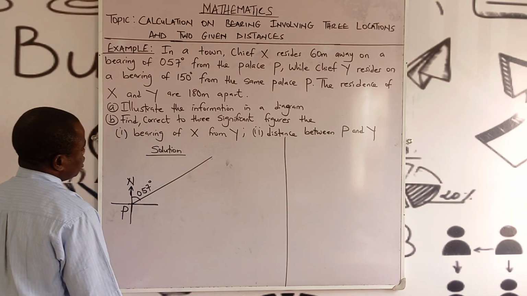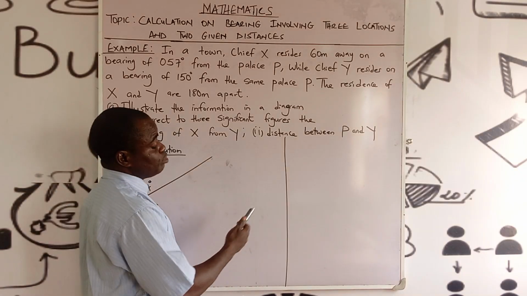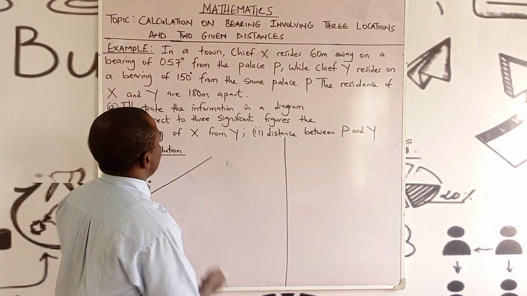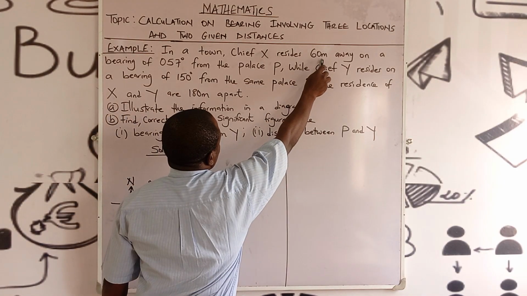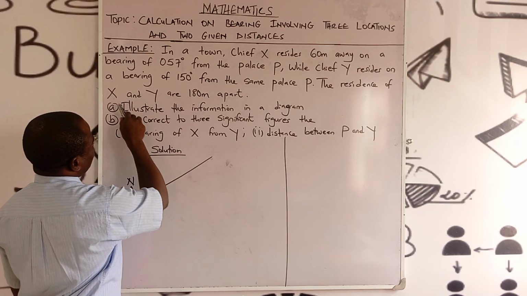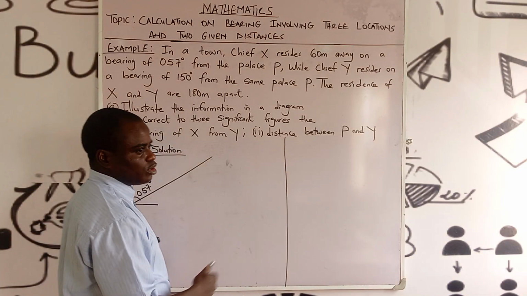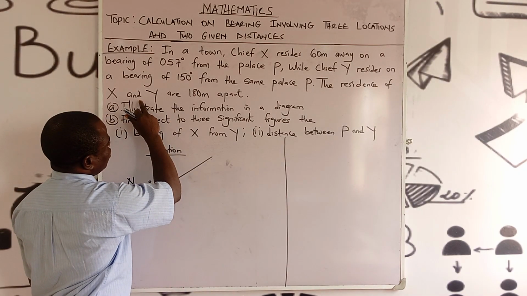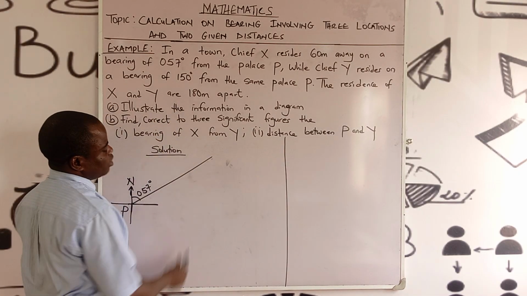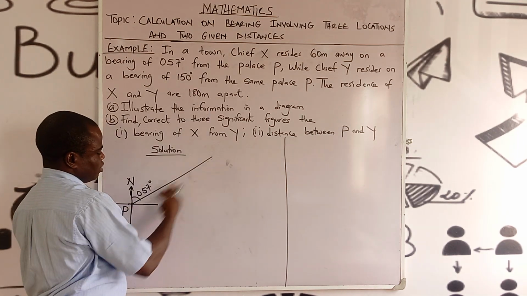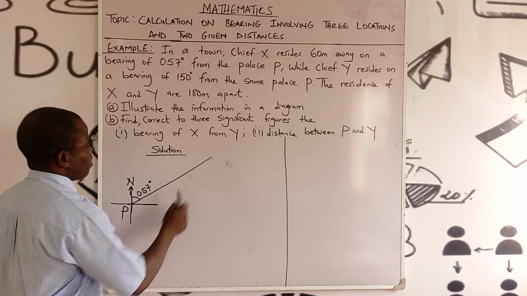Always take note of the distance. The line might not be perfect because it's a sketch. Since you have 60 meters, it will be shorter in length than the 180 meters from X to Y. Don't draw the line of 60 meters to be longer than the distance from X to Y, because looking at it, the distance should be longer.